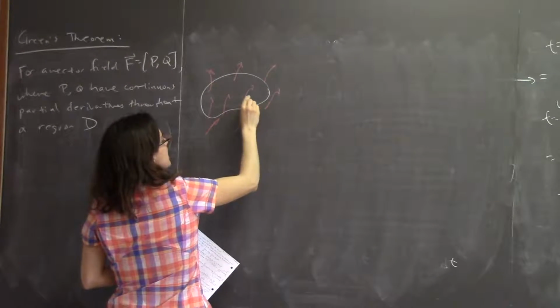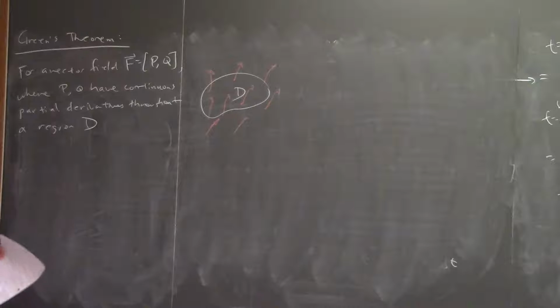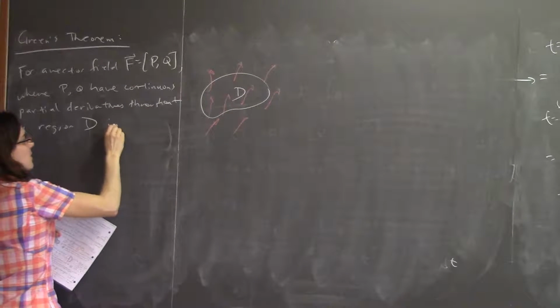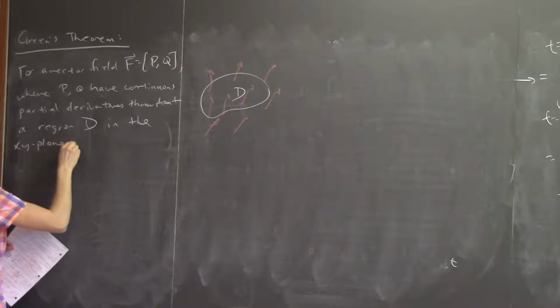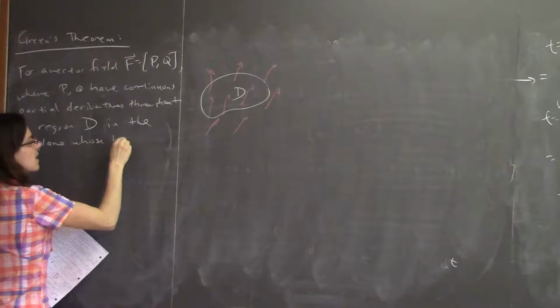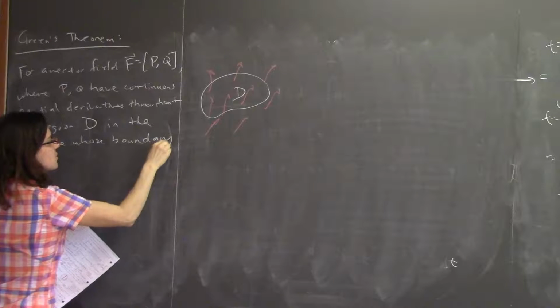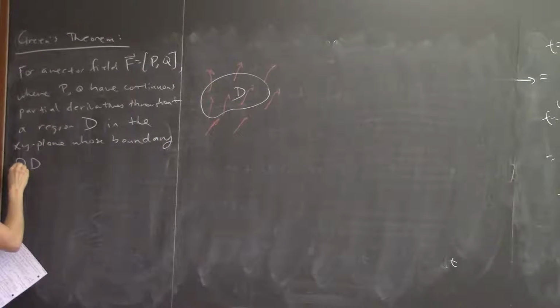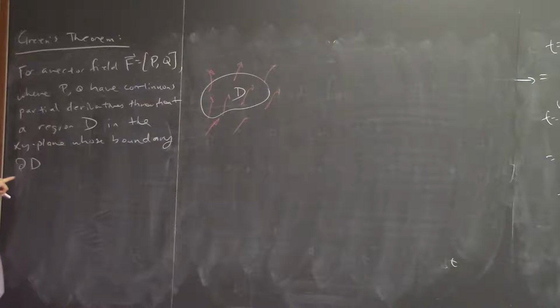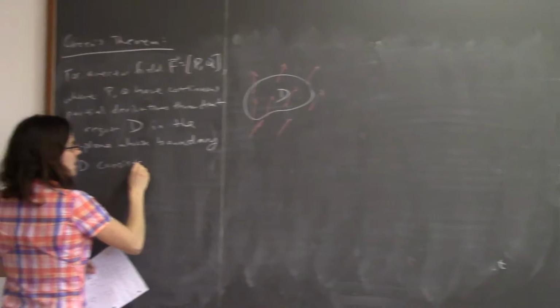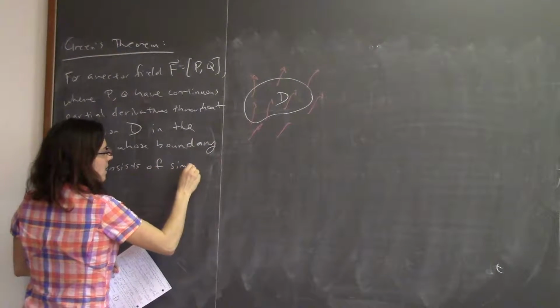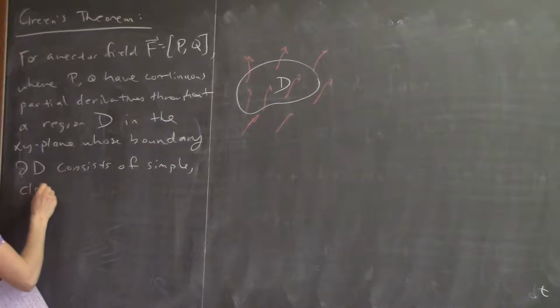So here's our domain D in the xy plane, whose boundary, which is denoted boundary of D, is the same symbol as del that we use for partial derivative, but here it's now used for boundary. Boundary of D consists of simple closed curves.